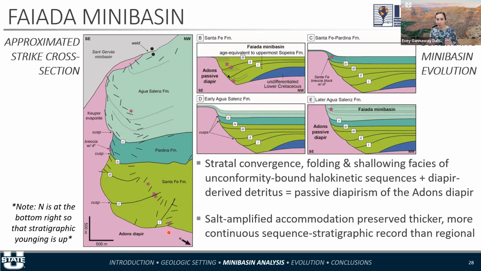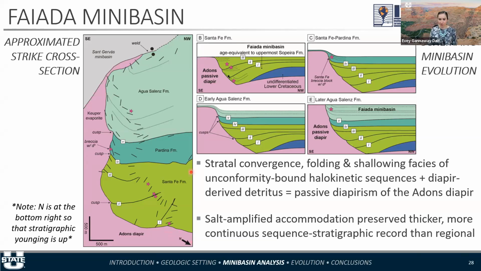Some of that we can account for by time equivalence between the uppermost Sopera and lowermost Sant Gervas, or excuse me, Santa Fe. But we're still left with roughly 3 times as much thickness here. So how do we explain that?